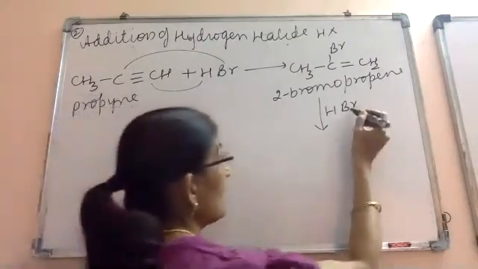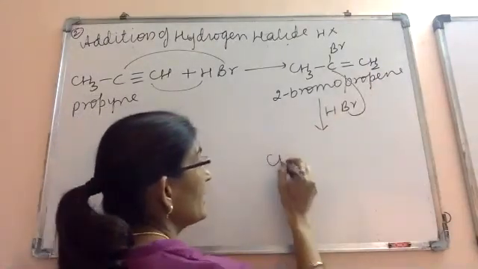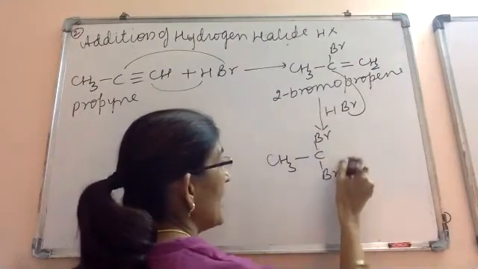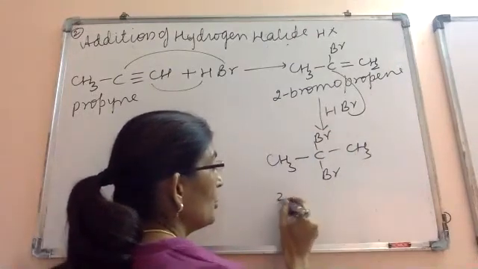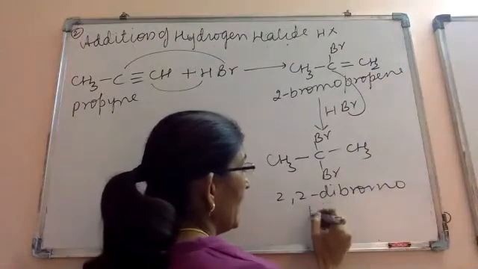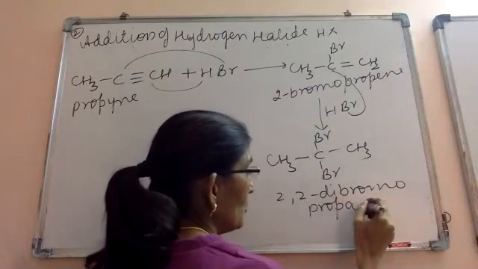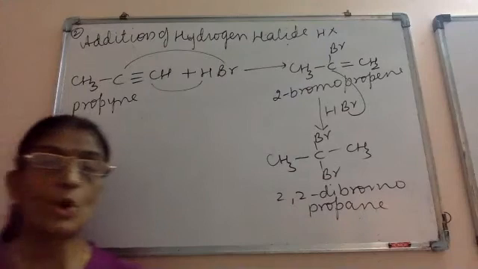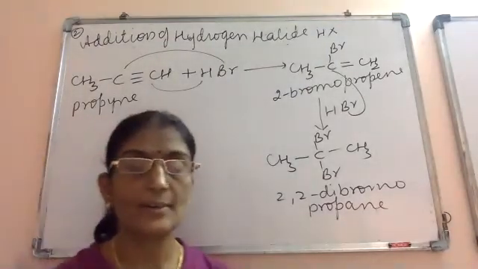So this Br will move to this carbon. That is CH3, C, Br, Br, CH3: 2,2-dibromopropane. This is called hydrohalogenation reaction.